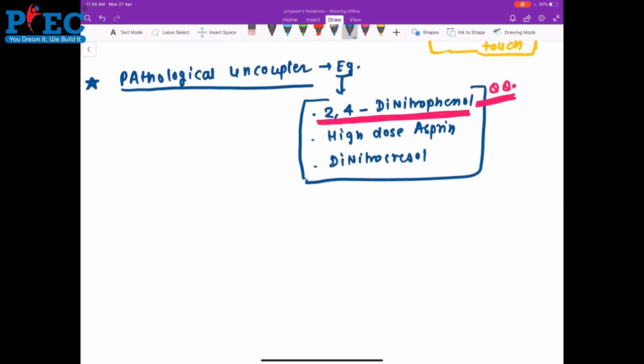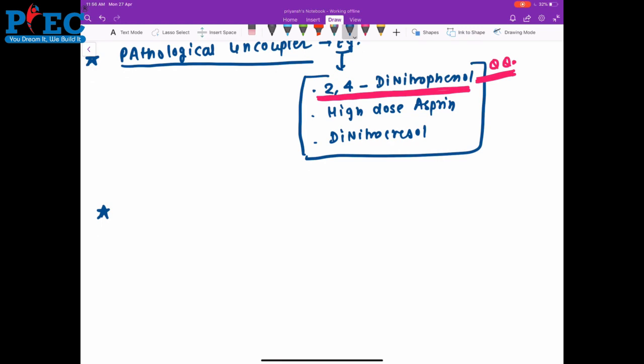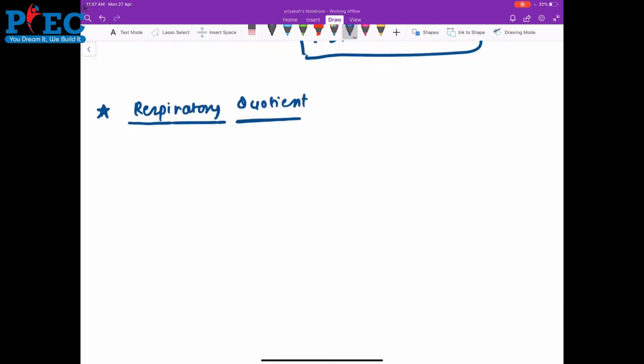The last concept that I want to highlight in the electron transport chain is respiratory quotient. What is respiratory quotient?